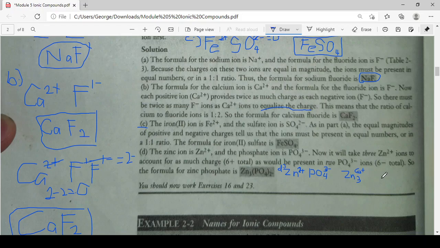And our phosphate ion, ano ang aton i-times sa iya para mag 6 man kay zinc? 3 na siya kay tatlo ka zinc ion para mag 6, di ba? Mag 6 ang iya charge. Phosphate ay PO4. Pila ka 3 ka, ano kids? Ka 3 negative nga ion para mag 6 negative siya total.